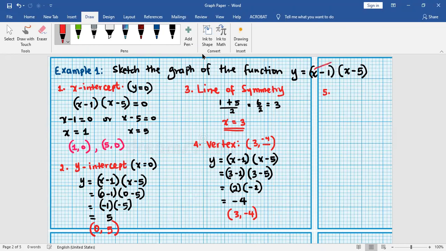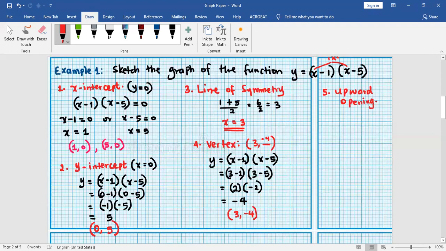So the coefficient of x squared is positive, it is 1. So it opens upward. This is upward opening. Okay, now we have everything.